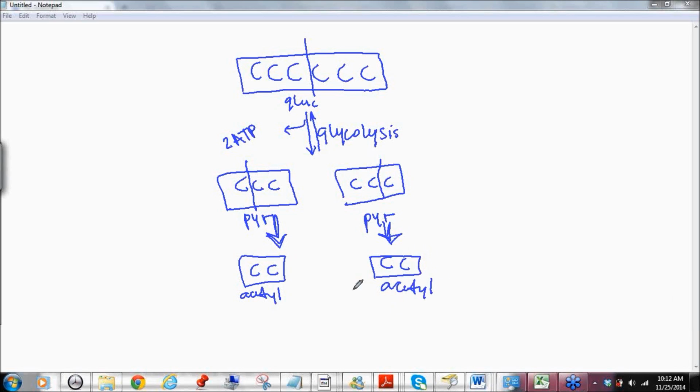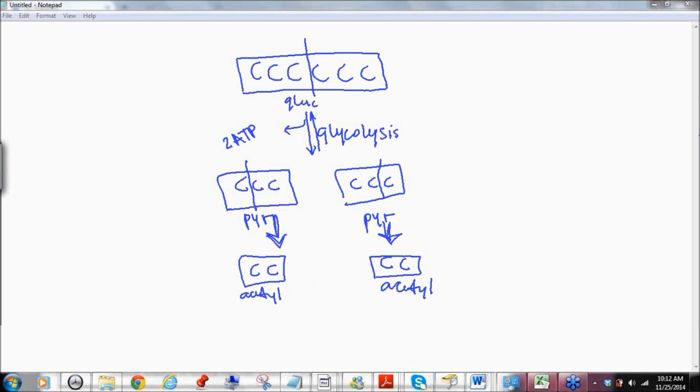The acyl groups usually get attached to a coenzyme A, and the complex of acyl attached to coenzyme A is called acetyl-CoA. If you've taken biology courses before, that would sound more familiar. But for the purposes of this class, just to keep things super simple, we're going to call them acyl groups.